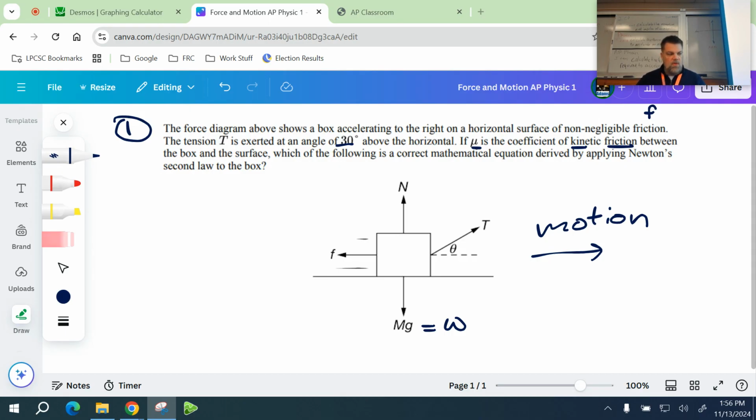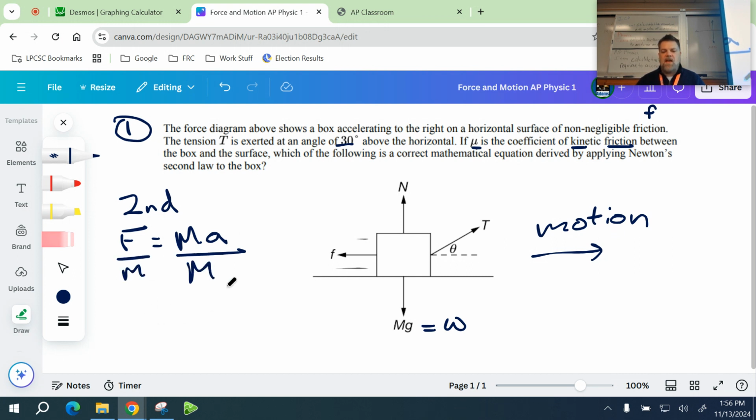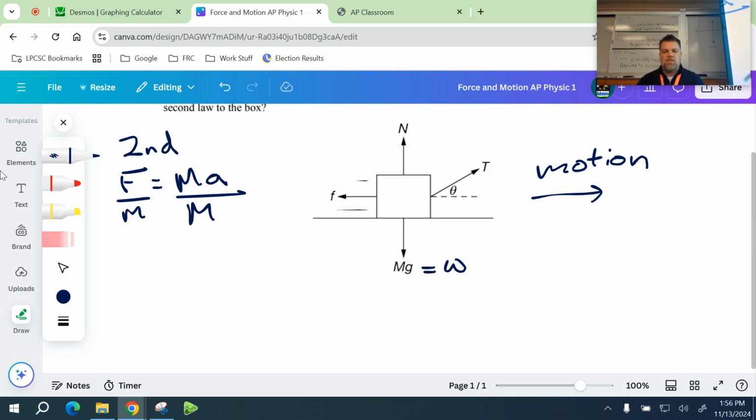So when we talk about Newton's second law, we're talking about this: force is equal to the mass, but they used a capital M, capital M times the acceleration. So if I divide both sides by the capital M, I get that, and I'm going to write this down here. That's Newton's second law.